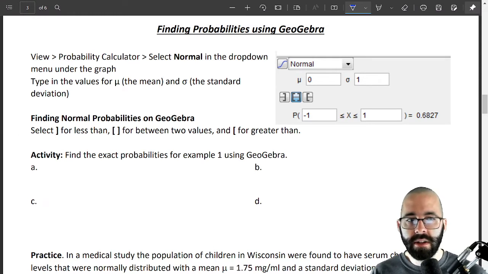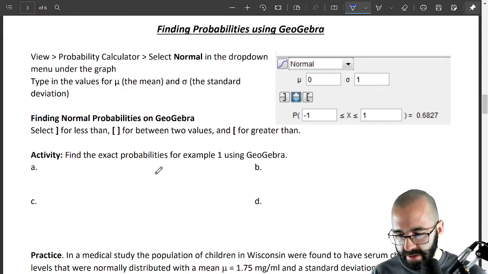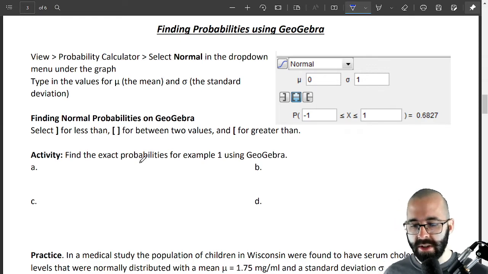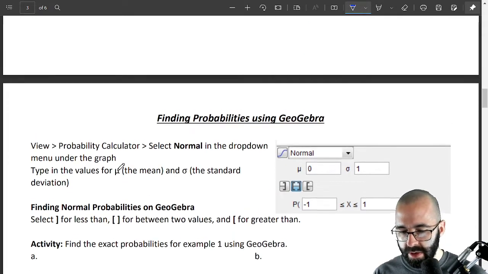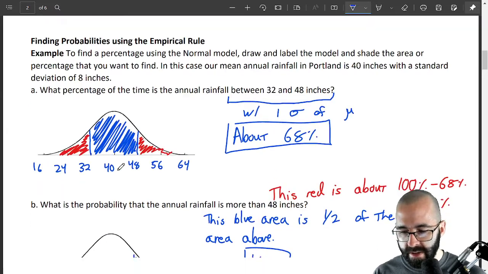Starting off, find the exact probabilities for example 1 using GeoGebra. So example 1, that was back here, right?